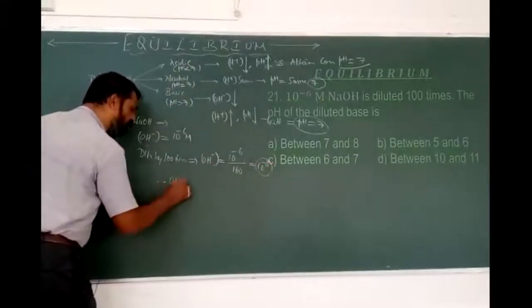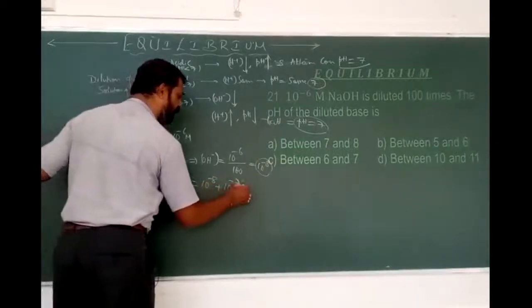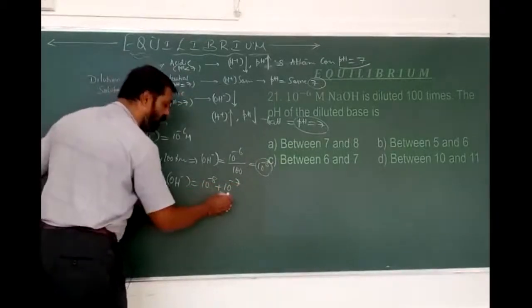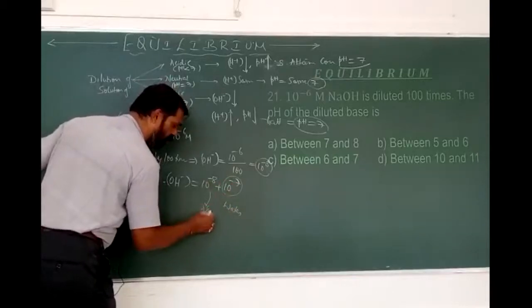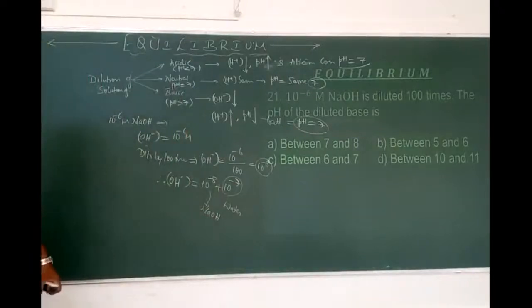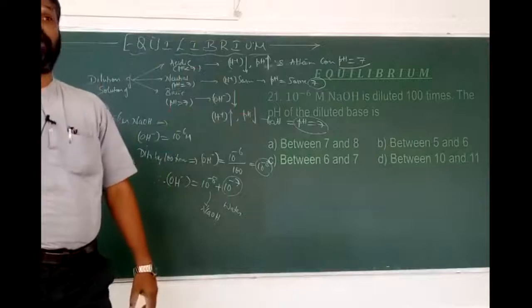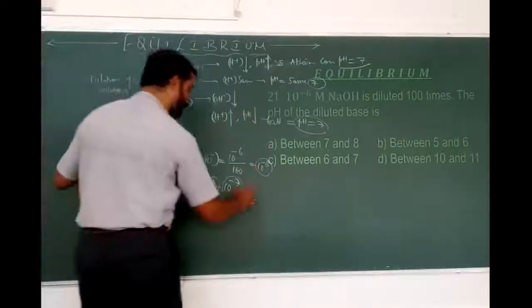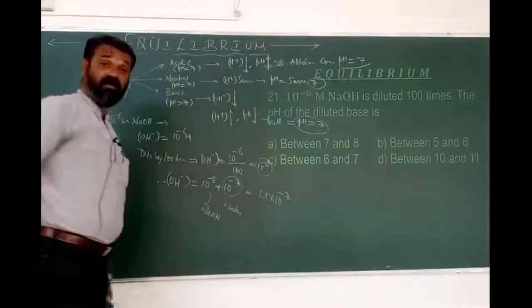Therefore the OH minus concentration is 10 to the power of minus 8 plus 10 to the power of minus 7. Why? Because the first is from NaOH and the second is from water, since water also has an H plus concentration of 10 to the power of minus 7 and an OH minus concentration of 10 to the power of minus 7. That is equal to 1.1 into 10 to the power of minus 7 when simplified.